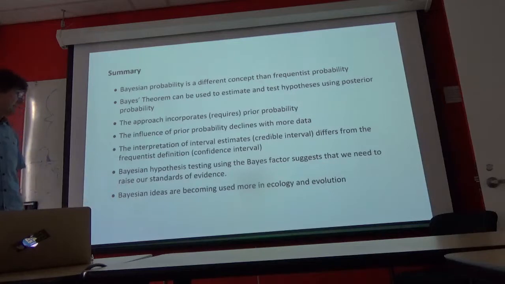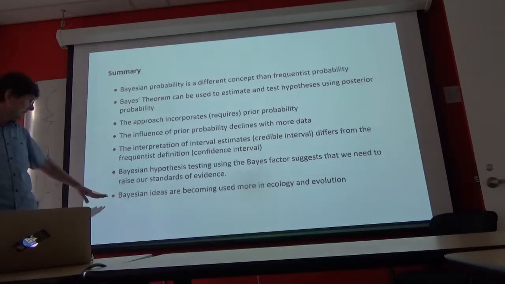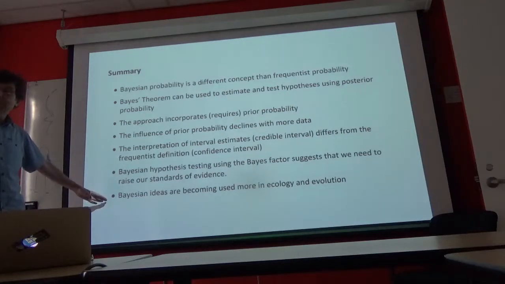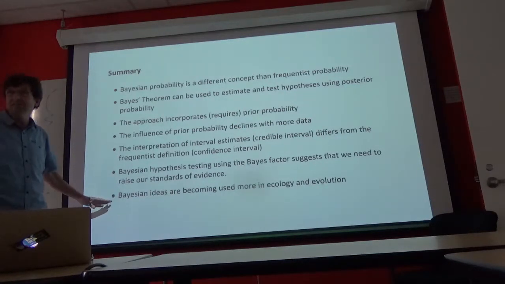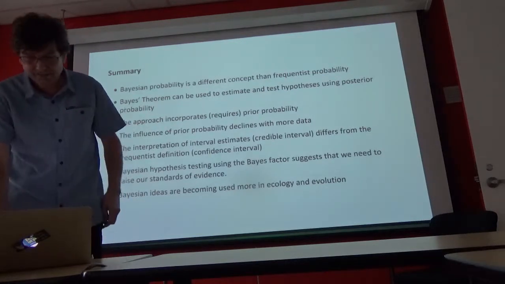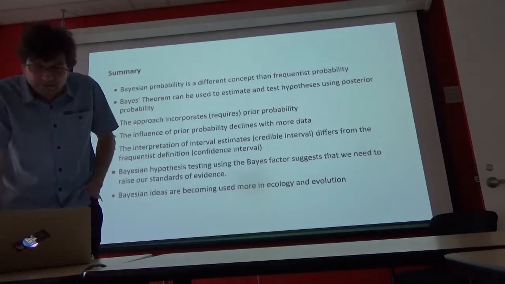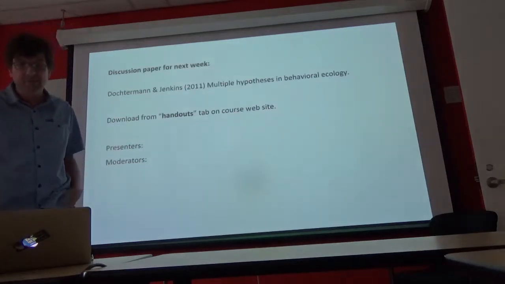Bayesian hypothesis testing using Bayes factor suggests that above all else we need to raise our standards. And ecologists are facultative Bayesians. You'll see Bayesian analyses used in the journal Ecology, even in combination with null hypothesis significance testing, as though they meant the same thing.